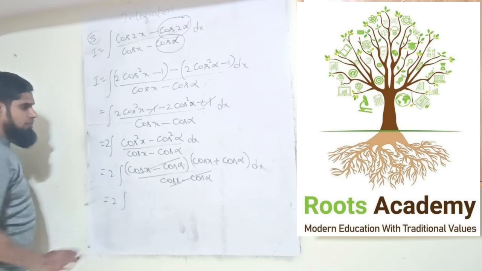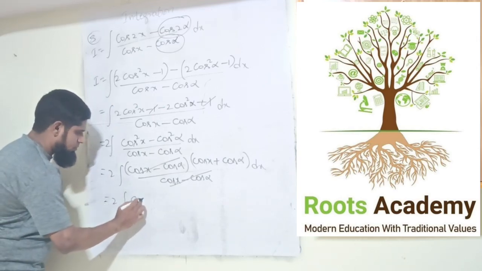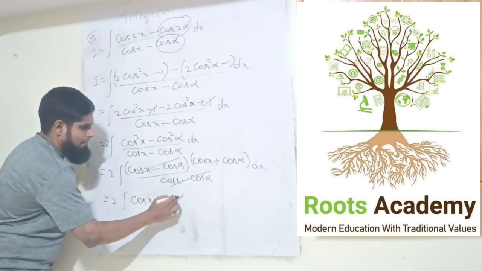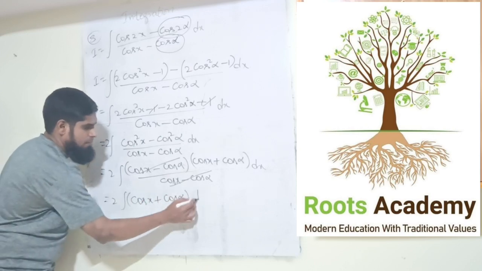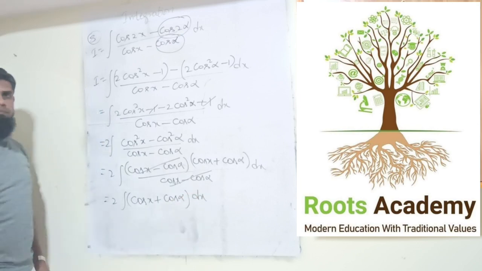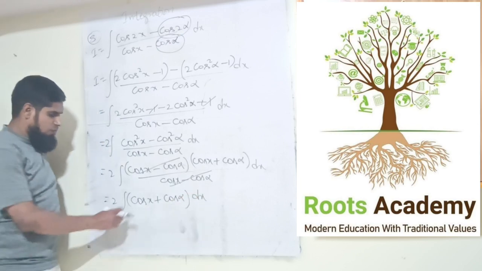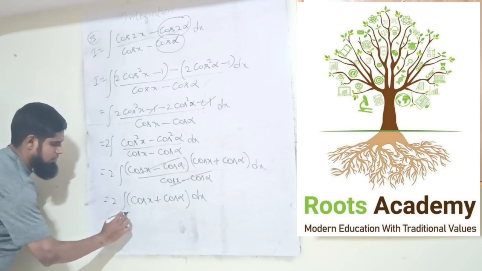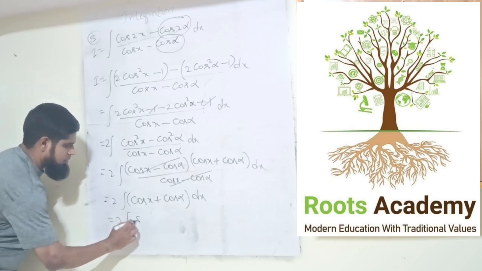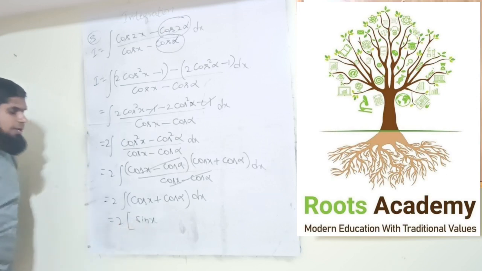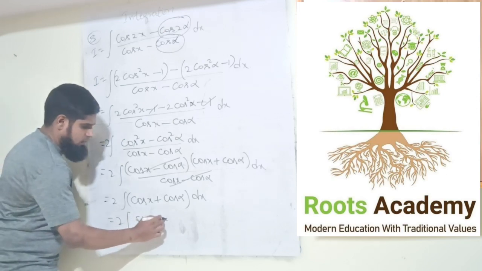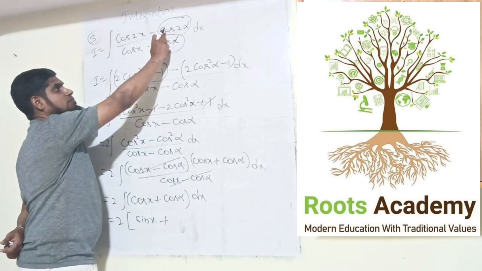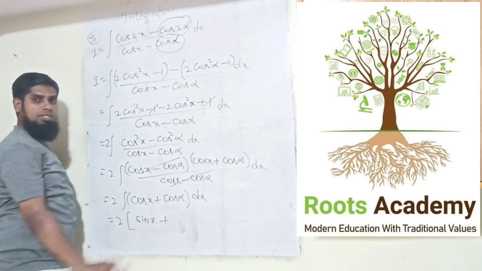equals 2 times the integral of cos x plus cos alpha into dx. Now integration of cos x with respect to x, this 2 as it is, bracket, it is sin x plus, student, as I said, this alpha is a constant, so whatever is a function of alpha is also constant.